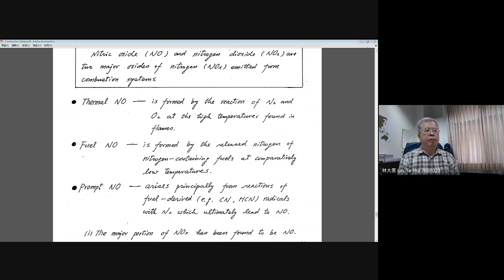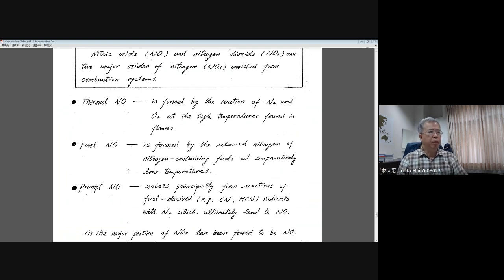And we mentioned the nitrogen-containing fuel, which belongs to coal, and sometimes you have a large amount of nitrogen from petroleum. Then the third one is a small amount in oil application.